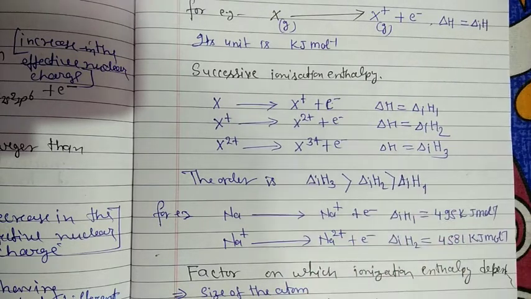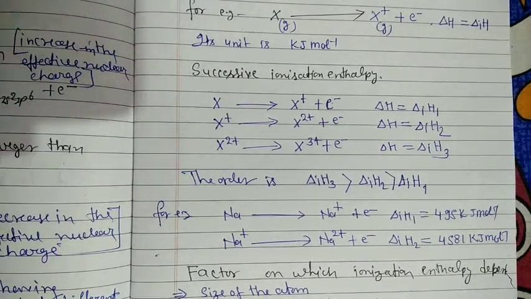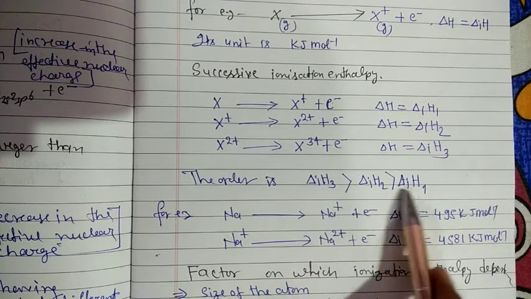Because the outermost electron is easily lost, but the second electron is not easily lost, and the third electron is very difficult to lose. So the ionization enthalpy increases in this direction.